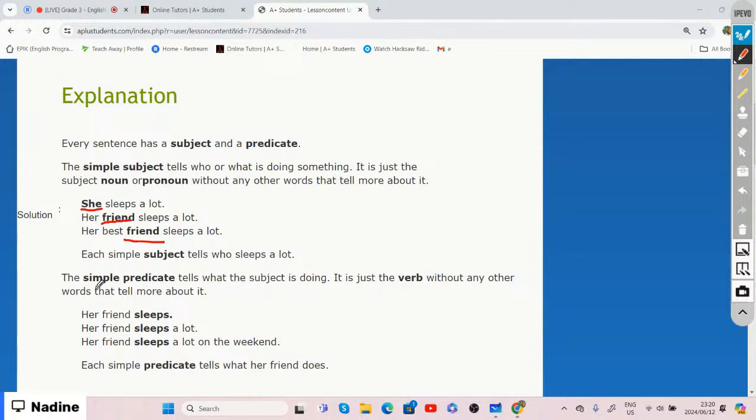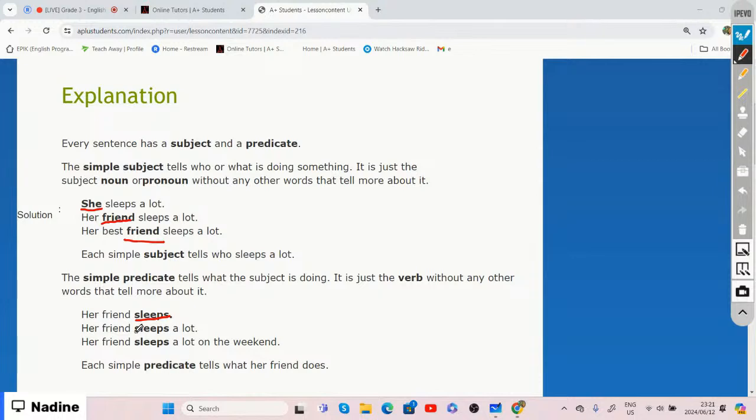And then we also have our simple predicate, right? And we said it tells us what the subject is doing, which is just the verb without any other words. It tells us more about it. And we made an example where we said her friend sleeps. So if we identify our verb within that sentence, then we would say it sleeps. Her friend sleeps a lot, right? And we said we are not adding all the other things.